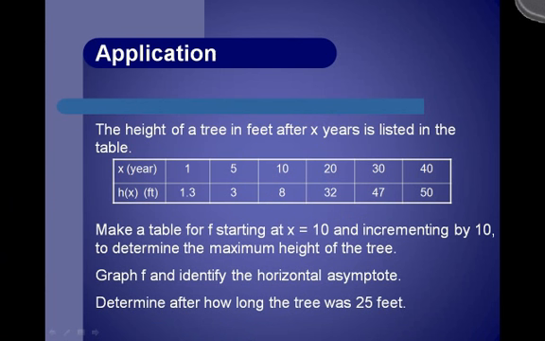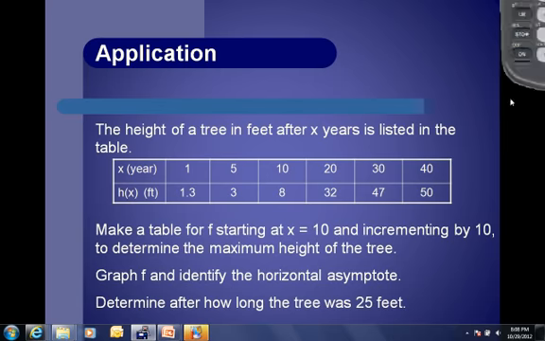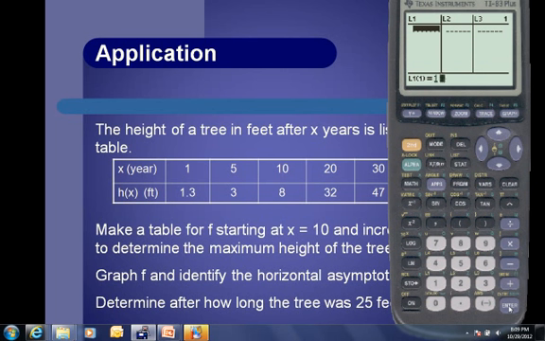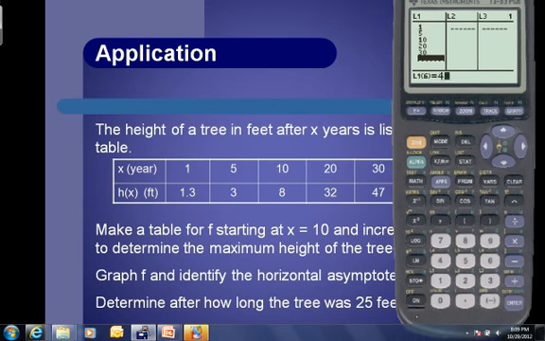Okay, now this is a little bit different application, and we're going to use this to show a different way to use our calculator. The height of a tree in feet after x years is listed in the table. So let's enter the values into our calculator. Remember, we go to Stat, we go to Edit, we're going to enter our values. So we have 1, 5, 10, 20, 30, and 40 for our x values.